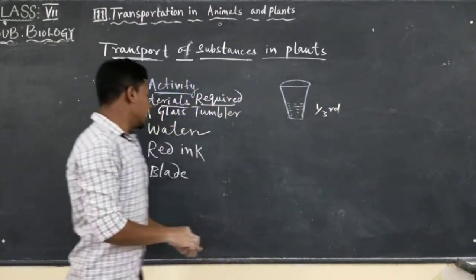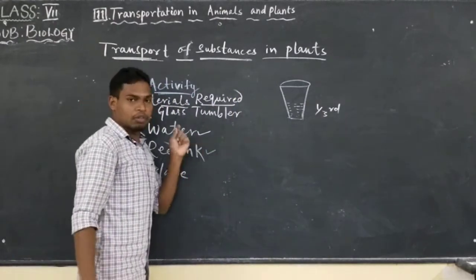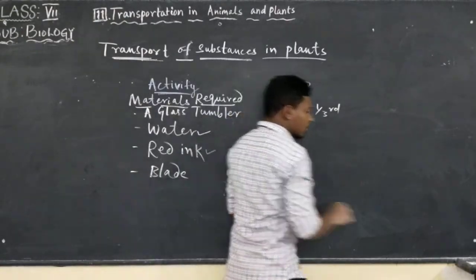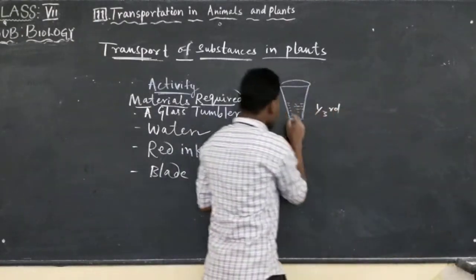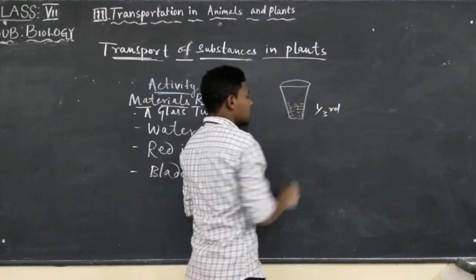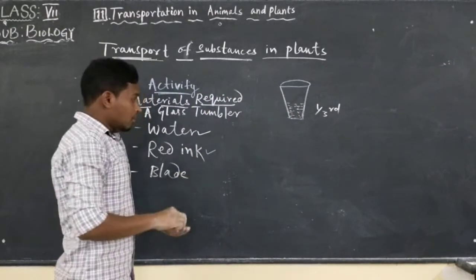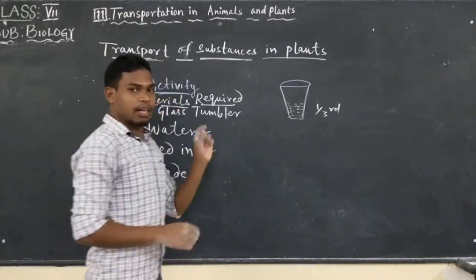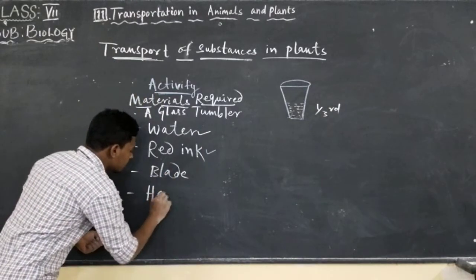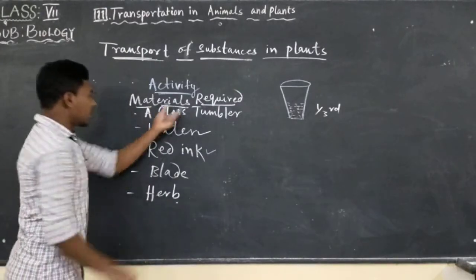And we need to put a few red ink drops. And now we need to insert a herb. So herb is also a required material.